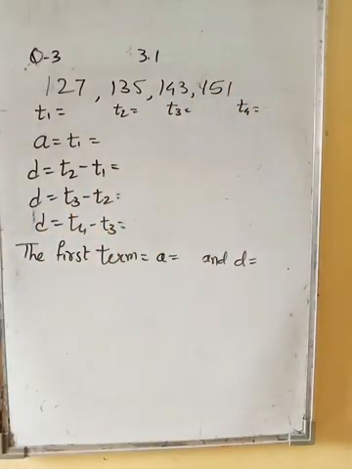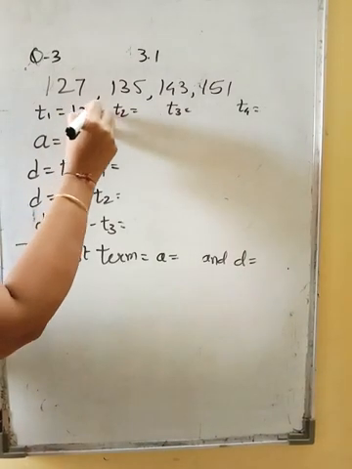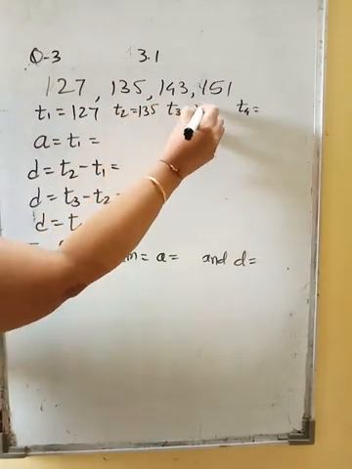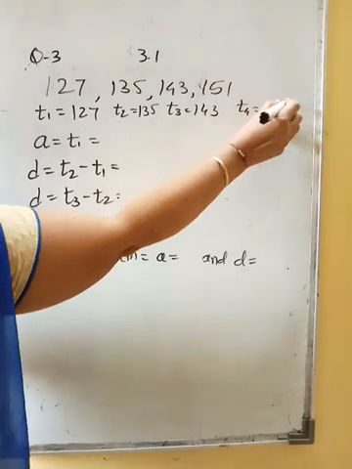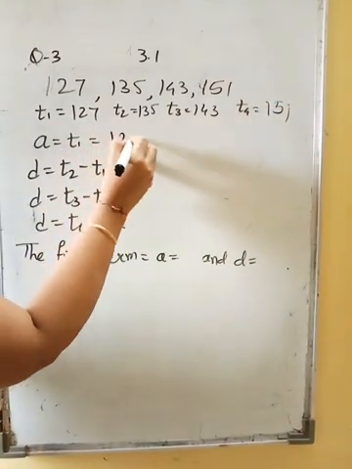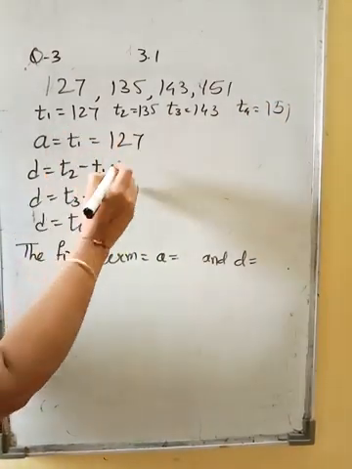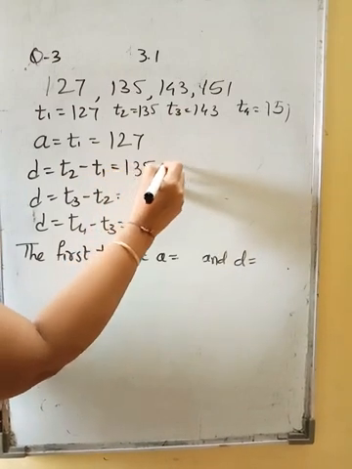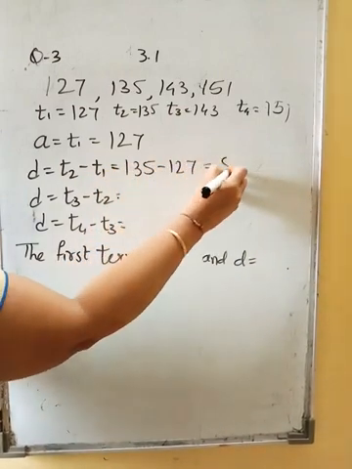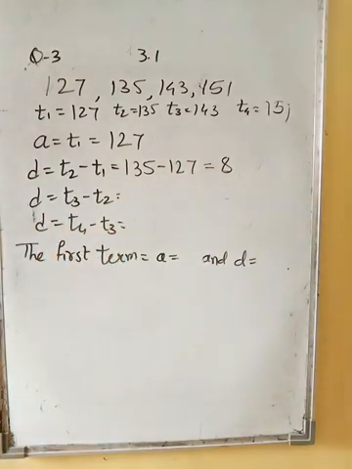Now write down T1, T2, etc. 127, 135, 143, 151. So our A is 127. Got it. Now I'll go on finding the difference. 135 minus 127, which comes out to be 8.